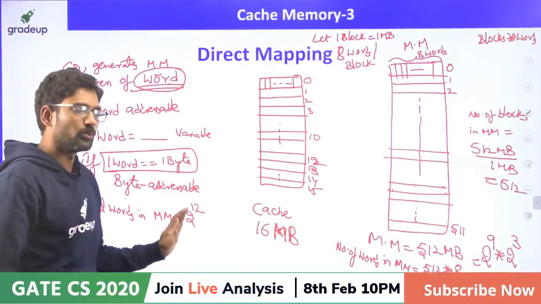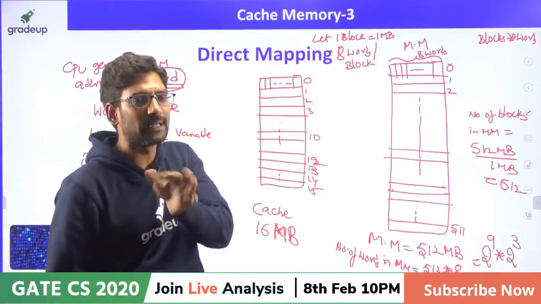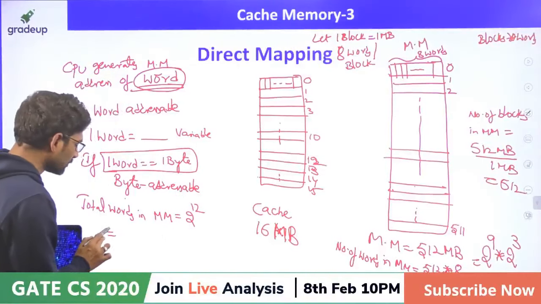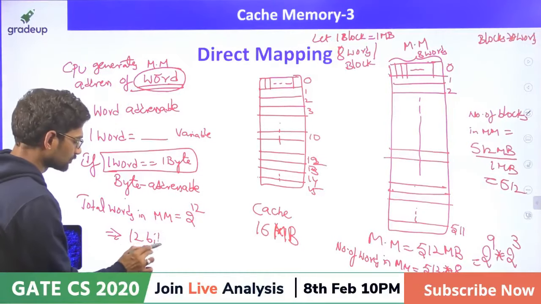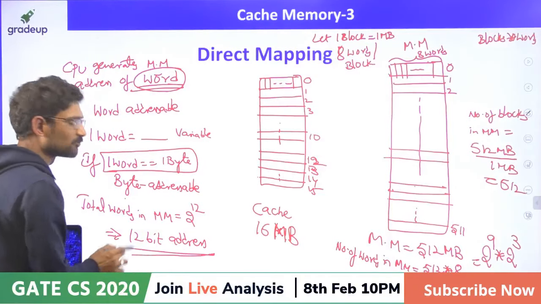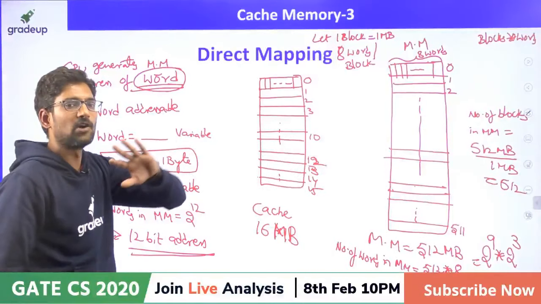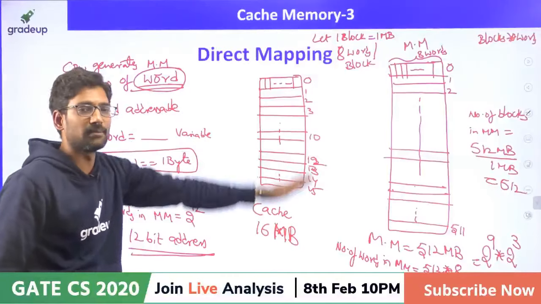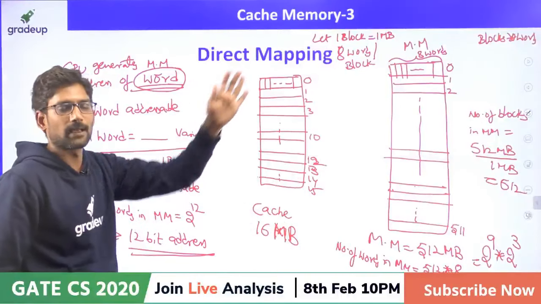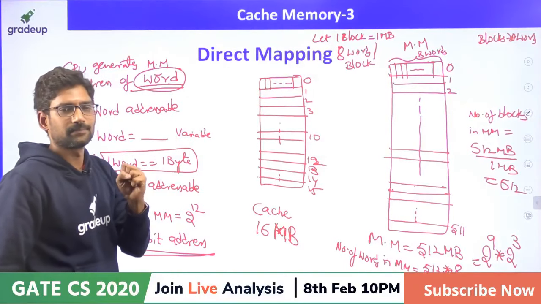So when there are 2 power 12 words, every word will have how many bit address? 12 bit address. So what is the word address length? 12 bits. How did I calculate it? I saw how many words in total in main memory, the whole memory together.